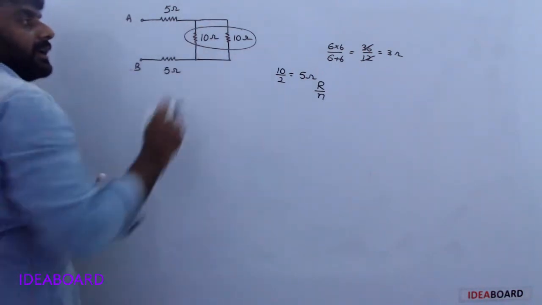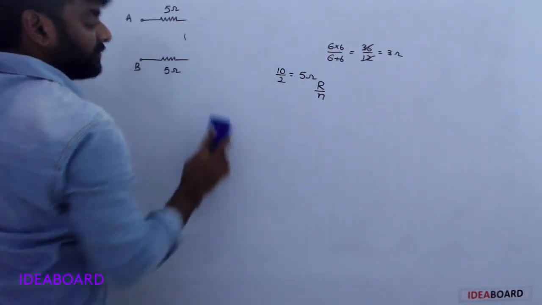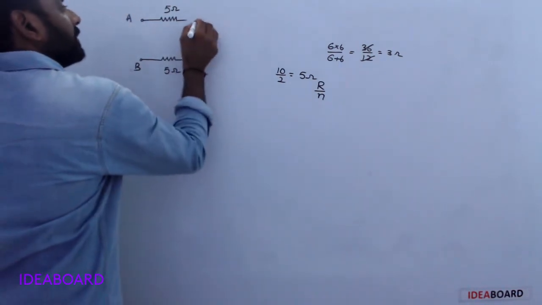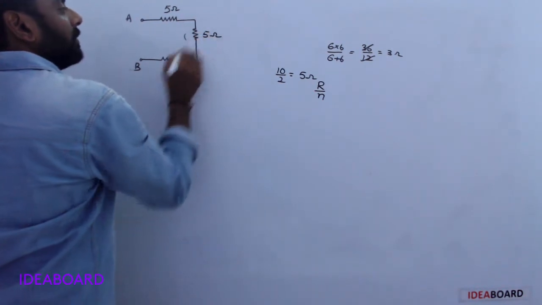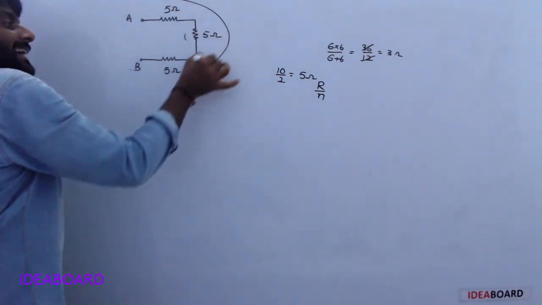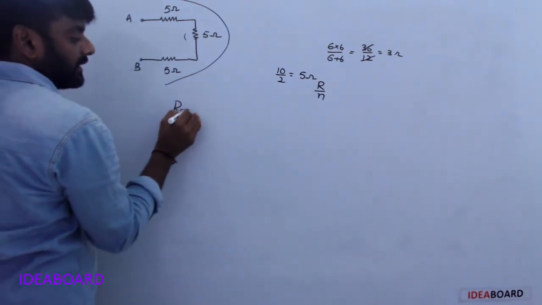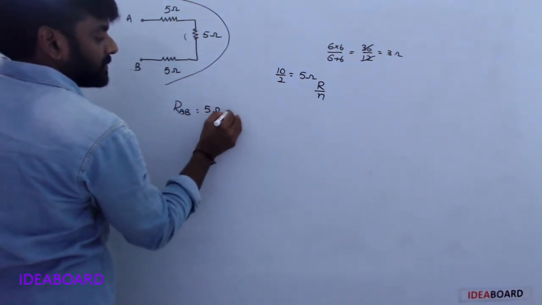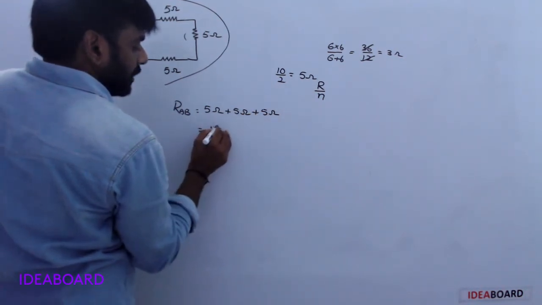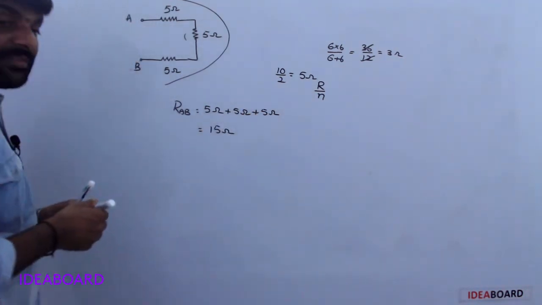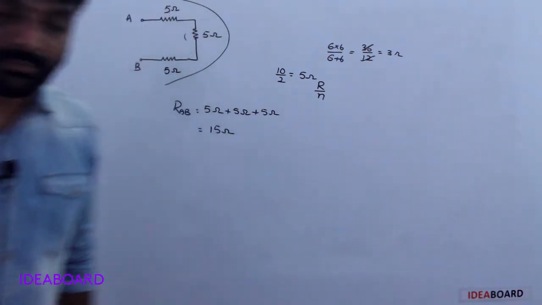That means its effective value is 5 ohms. Now these three are in series, so 5 plus 5 plus 5 is equal to 15 ohms. Effective resistance is 15 ohms. Understood?